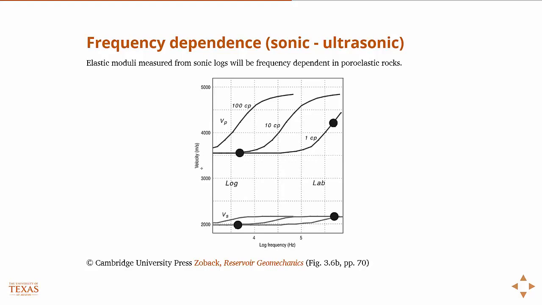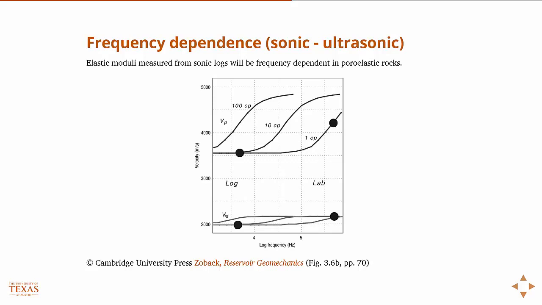And you see that the sonic velocities measured are, so on the top here are the pressure wave, and on the bottom are the shear wave. And you see that these have a functional dependence upon the frequency at which the excitation was done, okay?